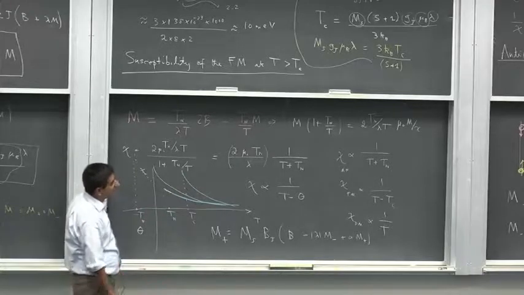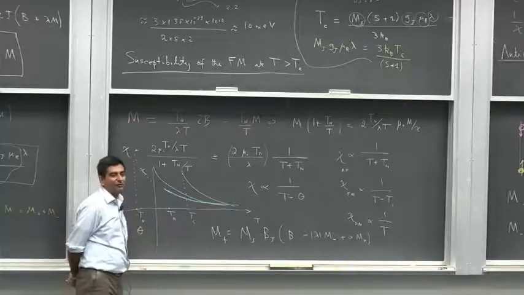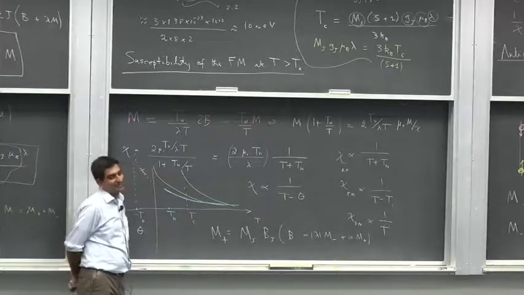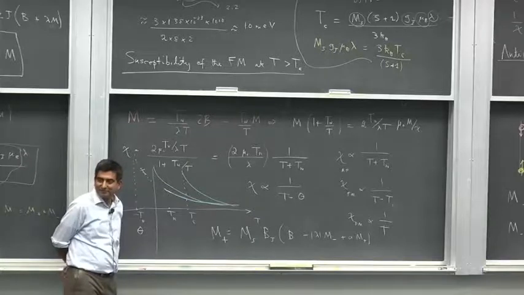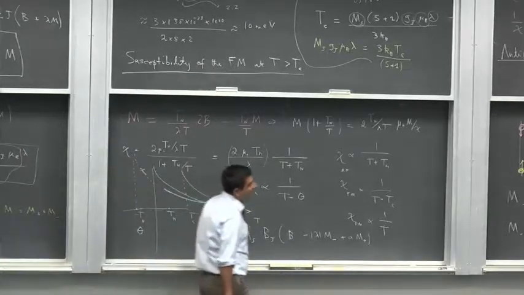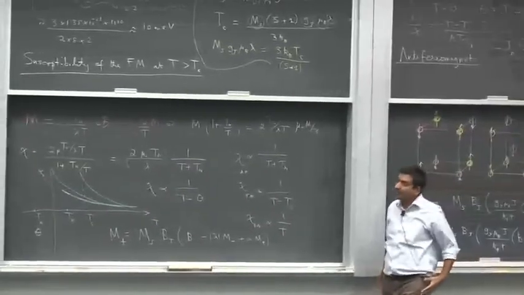Now the question I would like to see is, what is the susceptibility of an antiferromagnet below the Neel temperature? We know that the magnetization might be 0, but what about the susceptibility?